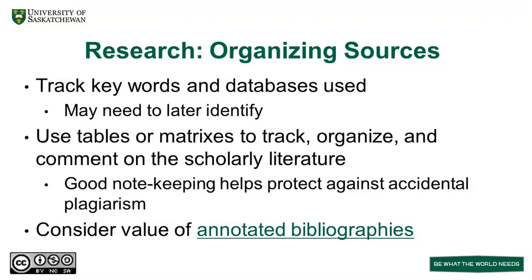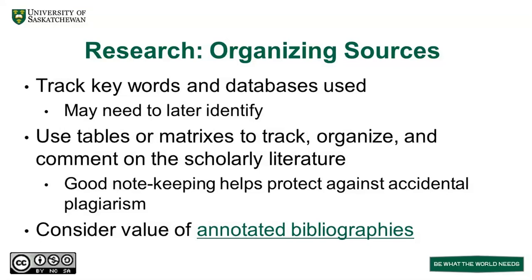Annotated bibliographies are something that can be very useful at this stage as well. This was surfaced by Kylie. Basically, this is a document where you include the relevant citation information and a very basic summary in your own words.